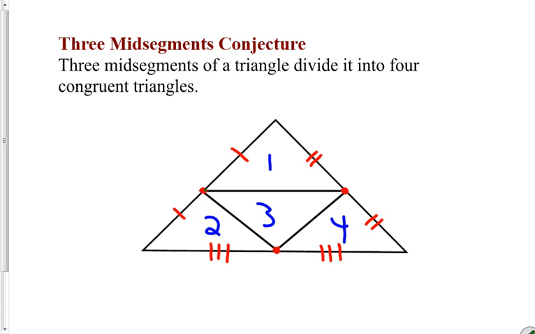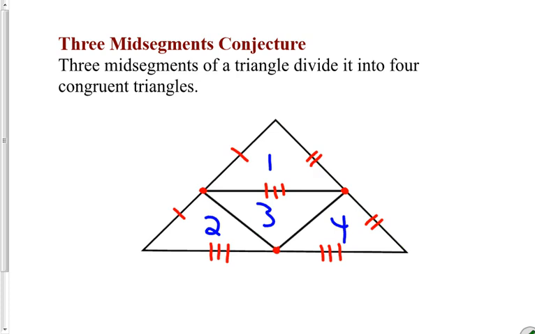Now, this midsegment right here is going to be half the length of this base. Therefore, we know that this midsegment is congruent to the two bottom segments. This midsegment is going to be half the length of this base.